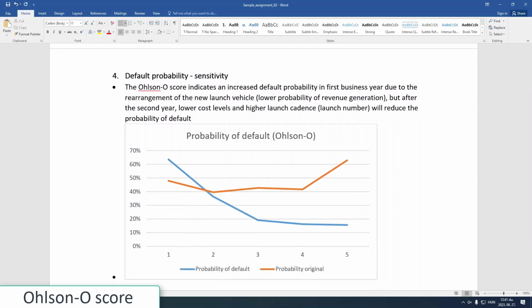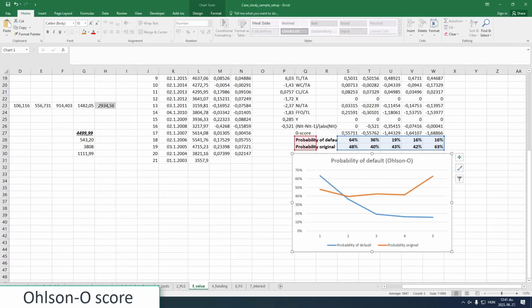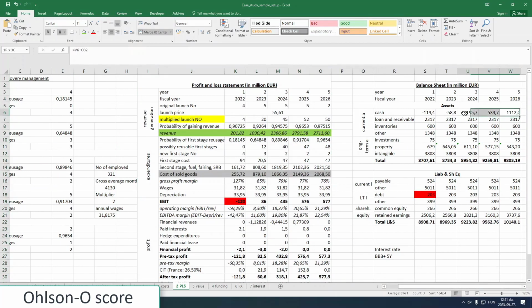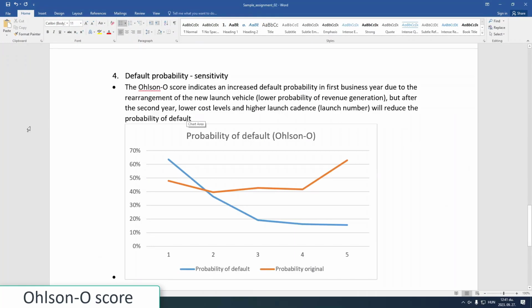Why? Because obviously if you are looking on the balance sheet, then we start to sit on a lot of cash. So if we have a cash reserve in the 5th year of like 1.1 billion euros, who cares about default risk anymore? So we reduce the probability of default due to the accumulation of cash reserves.